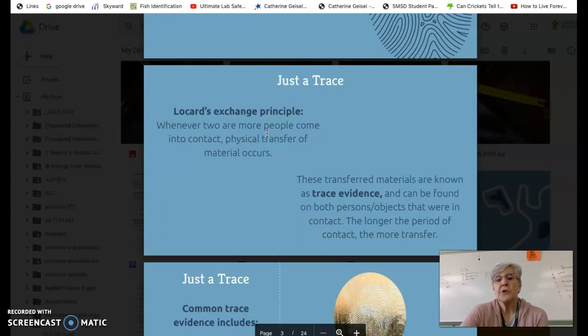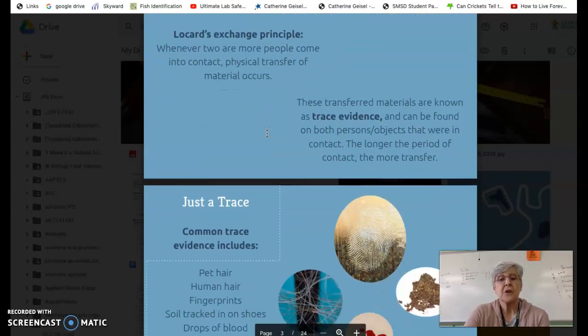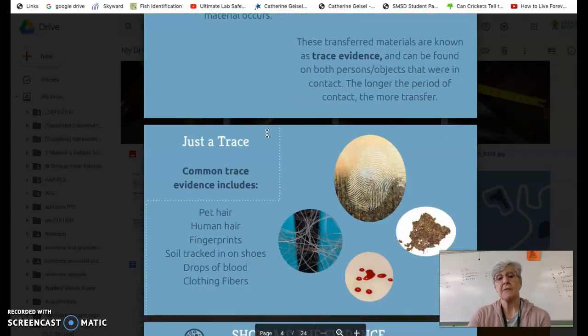The longer the period of time they're in contact, the more material transfers. Some common types of trace evidence: pet hair, human hair, fingerprints, soil or something that's tracked in by your shoes, drops of blood, and fiber that comes off of clothing.